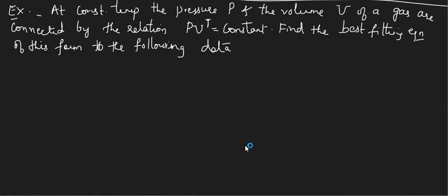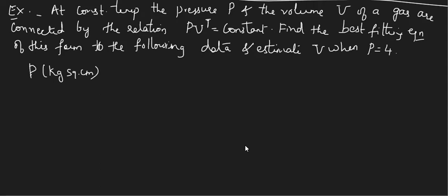At constant temperature, the pressure P and the volume V of a gas are connected by the relation PV raised to T equal to some constant. Find the best fitting equation of this form to the following data and estimate V when P equal to 4. Okay, so P is given in kg per square centimeter. We will not worry much about it.